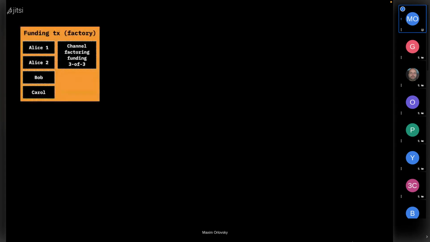Let me show you how this can work in practice, which will be much more advanced than the existing Lightning Network. Let's assume that we have a funding transaction, and this funding transaction will be for a channel factory. Three nodes, represented here by the names Alice, Bob, and Carol, would like to create a channel factory.